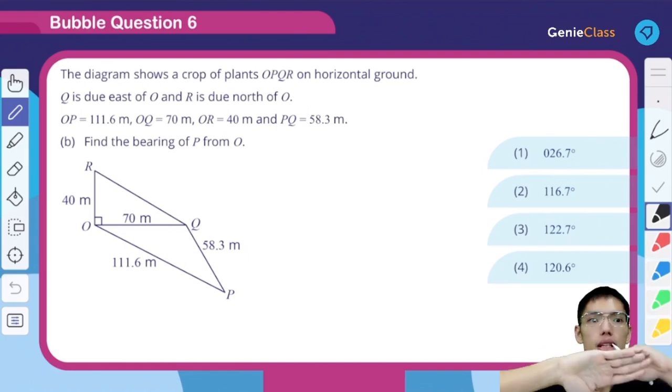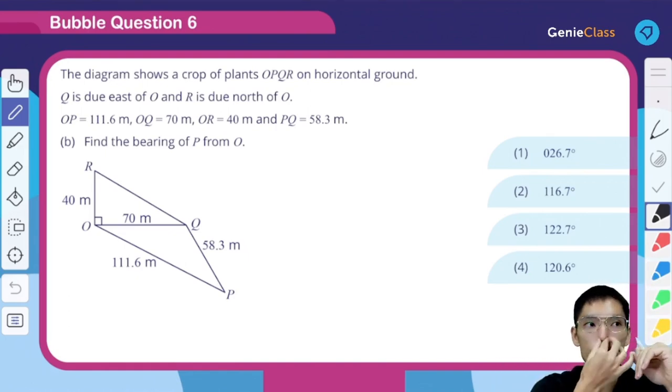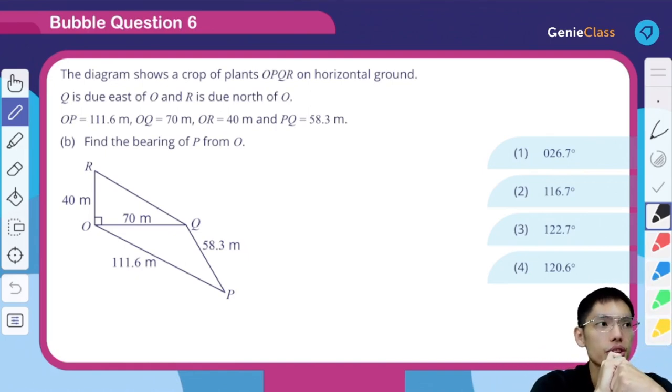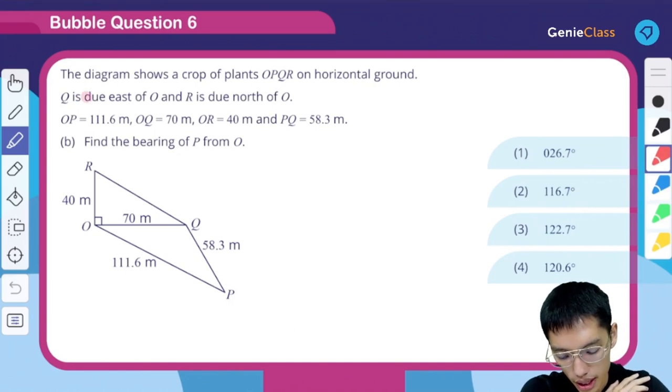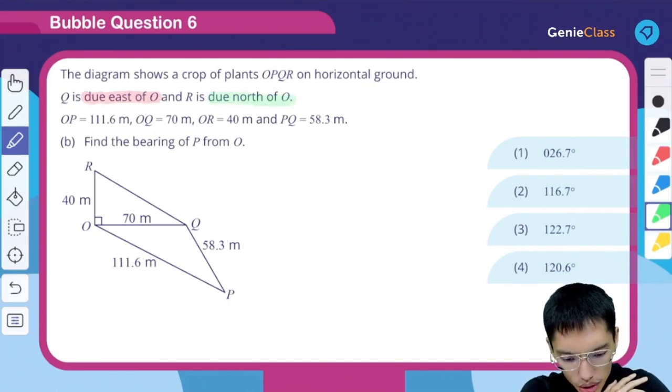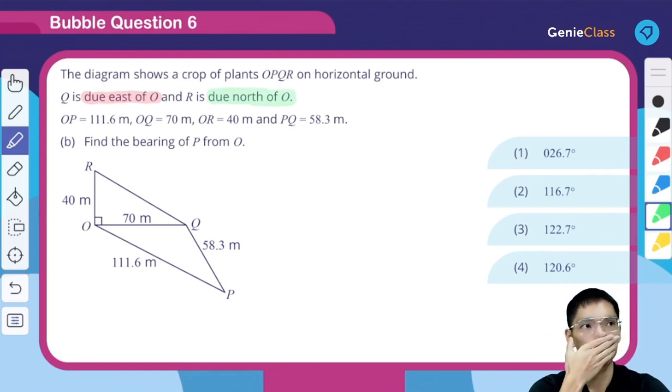When you draw it out, it'll be quite easy to see from the reference points. Straightforward, I would say, but again, try it out. Hint over here on how you would draw your north-south lines. Due east of O, due north of O. What does it actually mean?